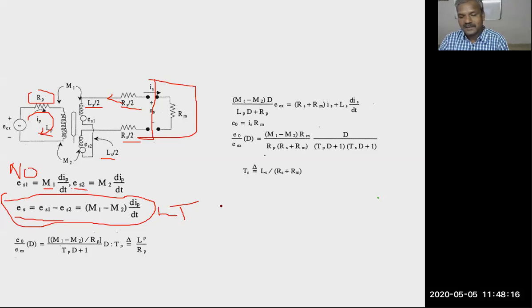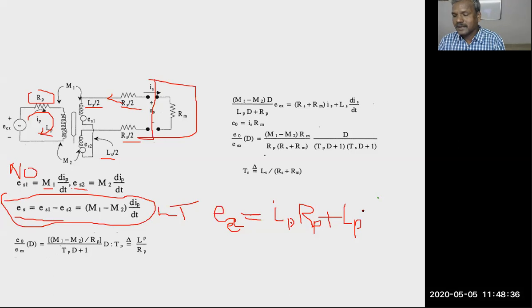EX equals IP RP plus LP dIP by dt. From this you get the expression for IP.